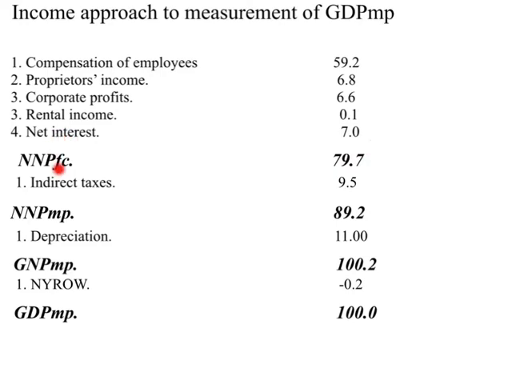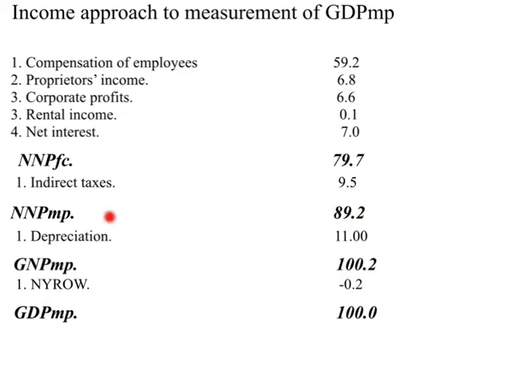To move from factor cost to market prices, we add indirect taxes less subsidies, and that is about 9.5% of US GDPmp. When you add this, what you get is net national product at market prices, which is about 89.2% of GDP.